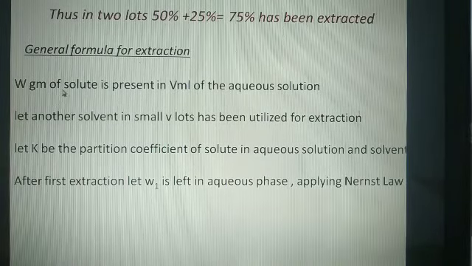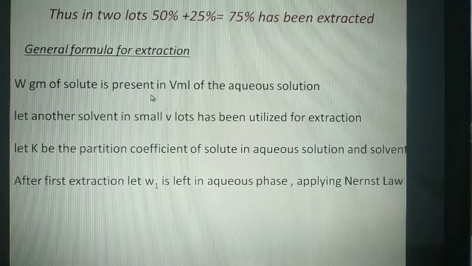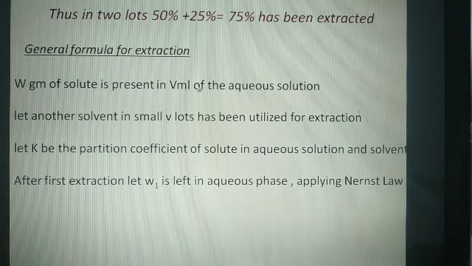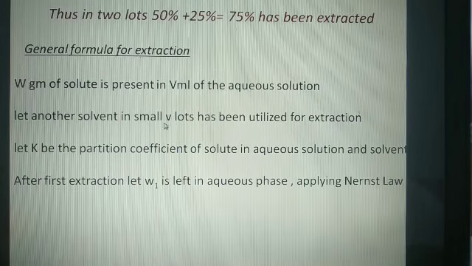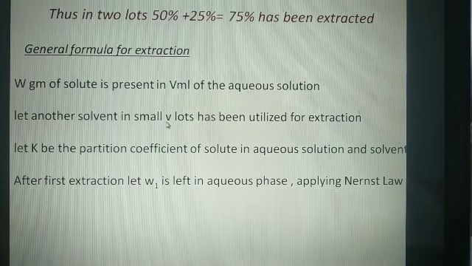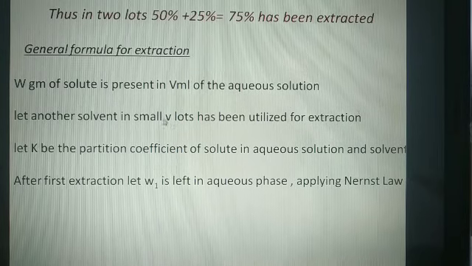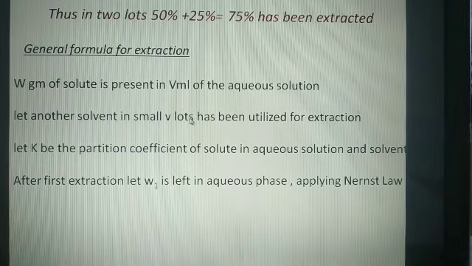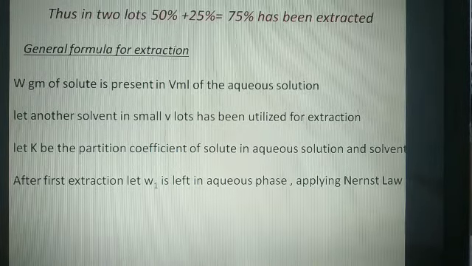So suppose W gram of the solute was present originally in the V ml of aqueous solution. Let another solvent, in small b lots, where small b is the volume being used for the extraction here, be utilized for the extraction.